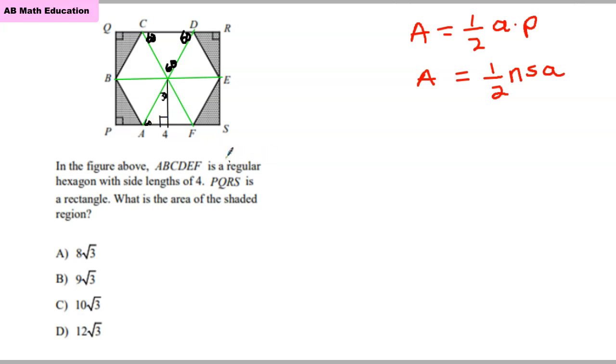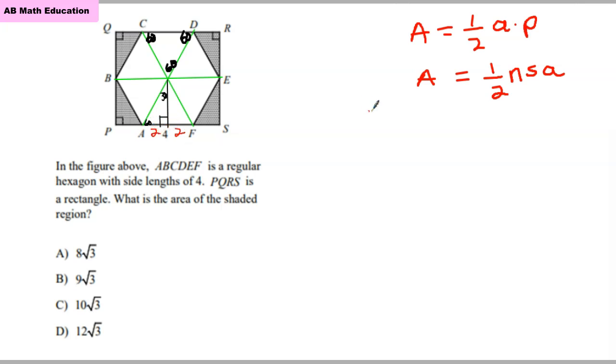So looking at one of the small triangles, AF has been given as 4, and this is dividing it equally. So from this point to this point is going to be 2, and from this point to this point is going to be 2.